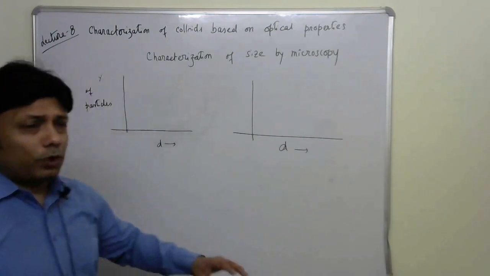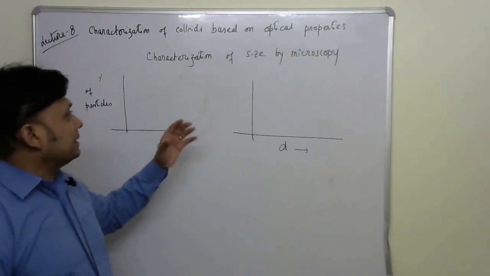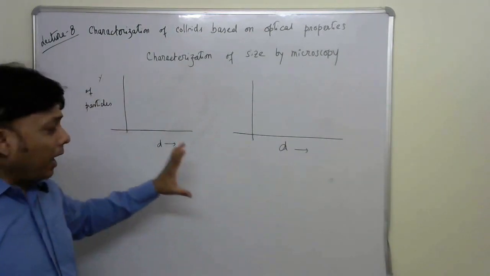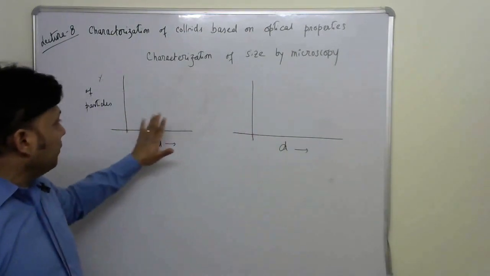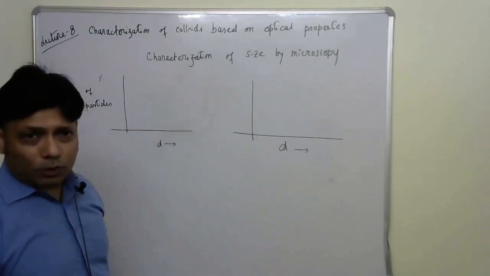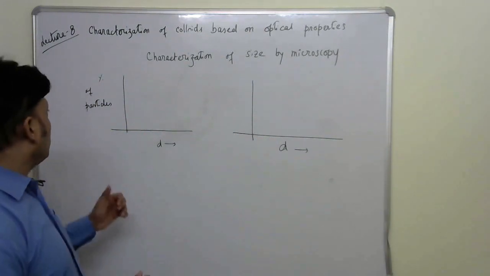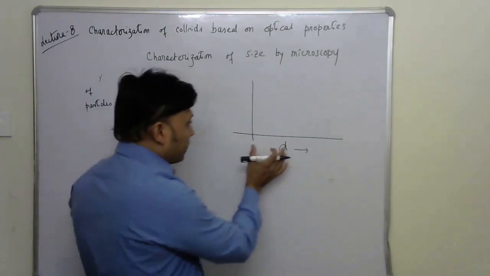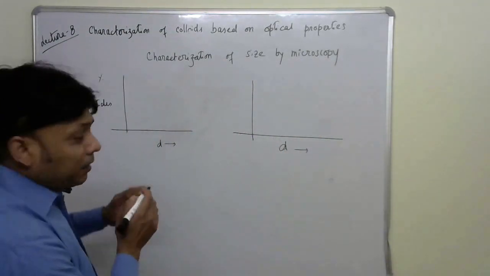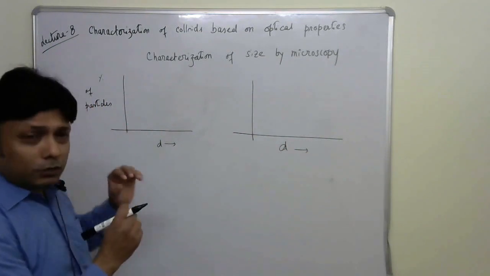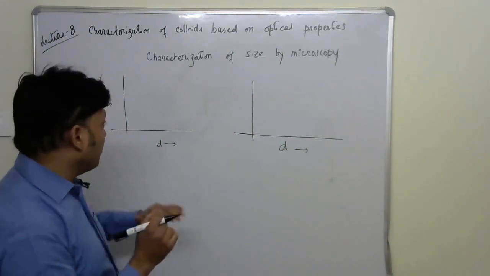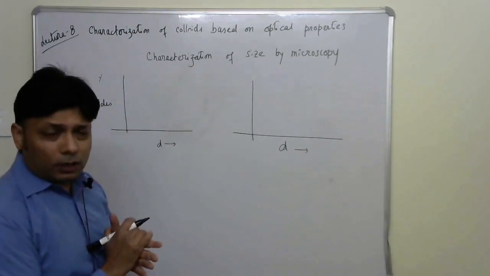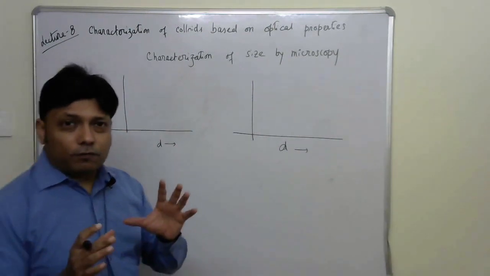Whenever we study the particle size by microscopy, we actually develop one of these two types of graphs. What are those? Here we plot the particle diameters on the x-axis, and the number of particles, or the percentage of particles having that particular diameter, on the y-axis. Usually we get a variety of diameters.